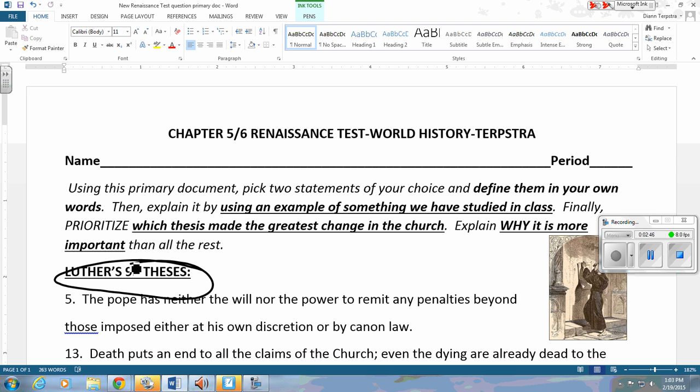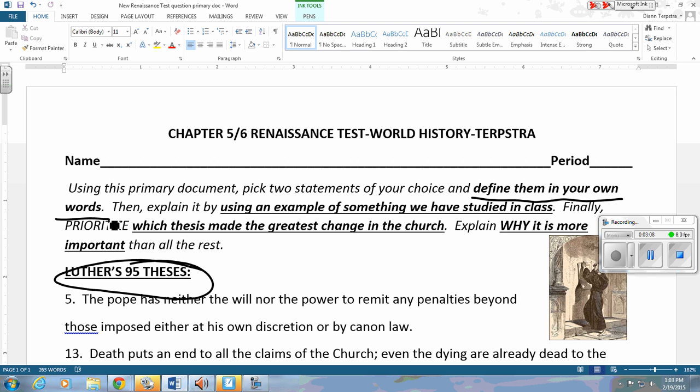You are going to pick 2 of those points from this document of your choice, and you're going to do 2 things with them. First, you are going to define them in your own words. Then you're going to explain it by using an example of something we've studied in class.